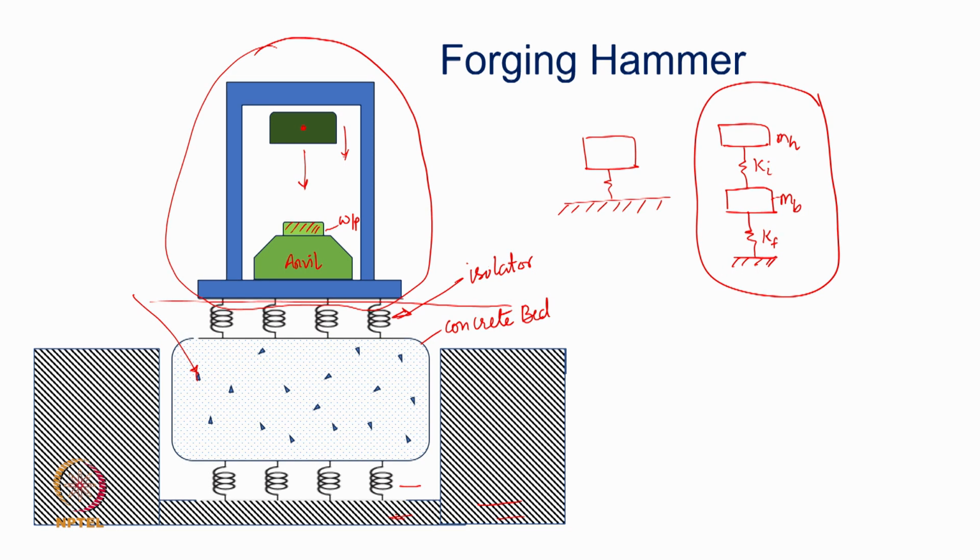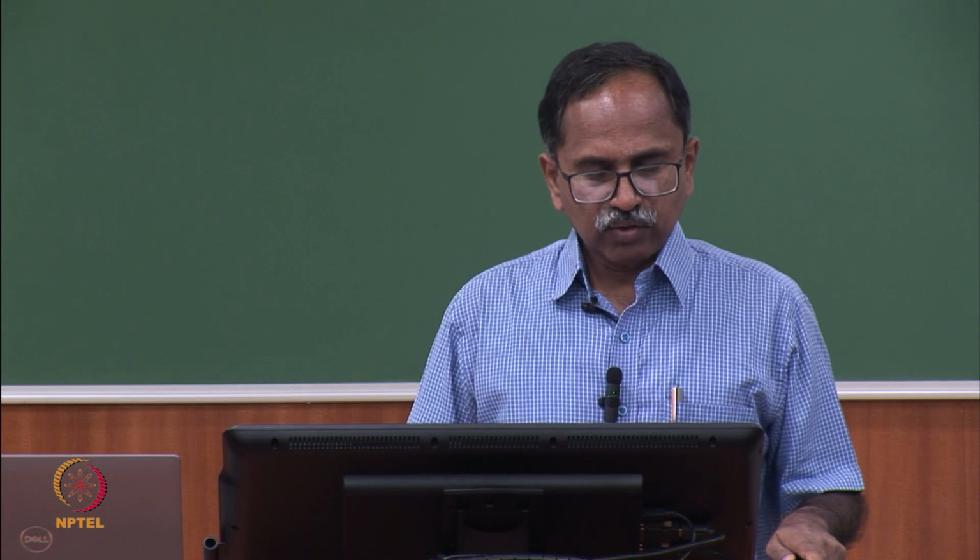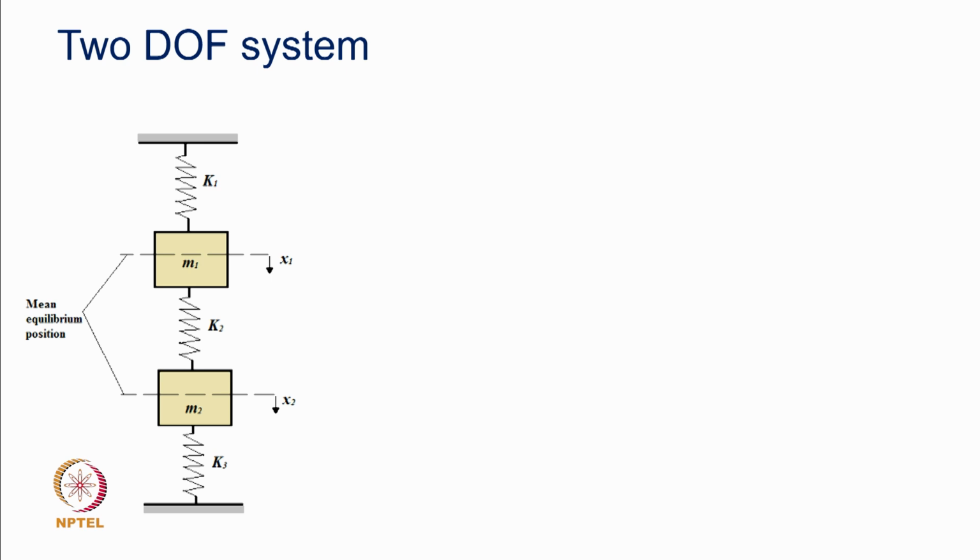Let us represent this forging hammer, or for that matter any of the similar systems that we have seen in the past. So, we now assume that some of the examples that we saw in the previous slides can be modeled like two individual masses, M1 and M2 here, and they are separated through these springs, maybe K1 and K2.